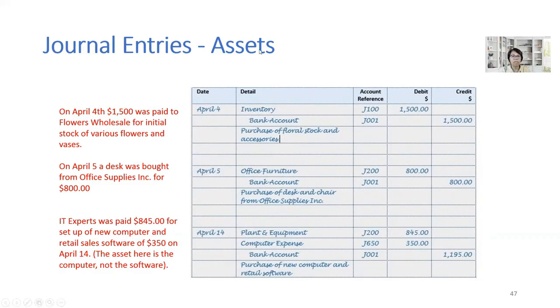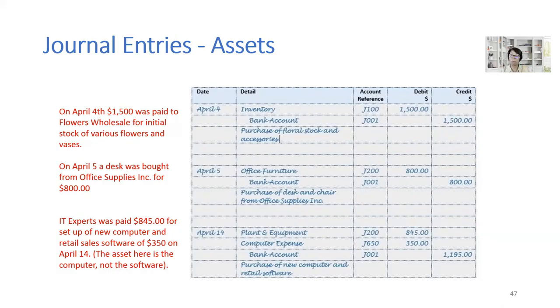Okay, so this is assets. So $1,500 was paid. So this is a flower company, I guess. And they paid $1,500 for stock. So their inventory went up by $1,500. Now, inventory is an asset.